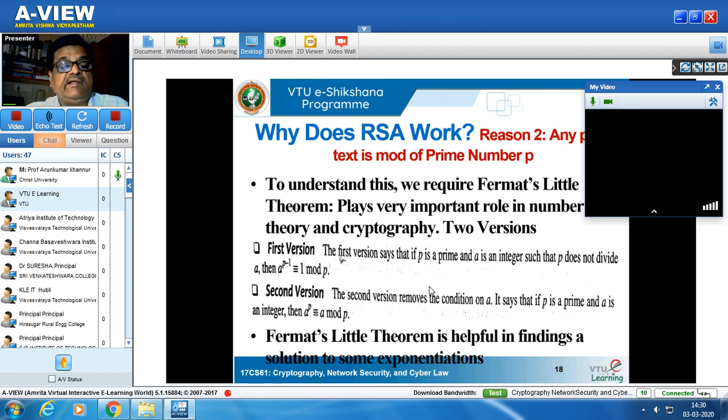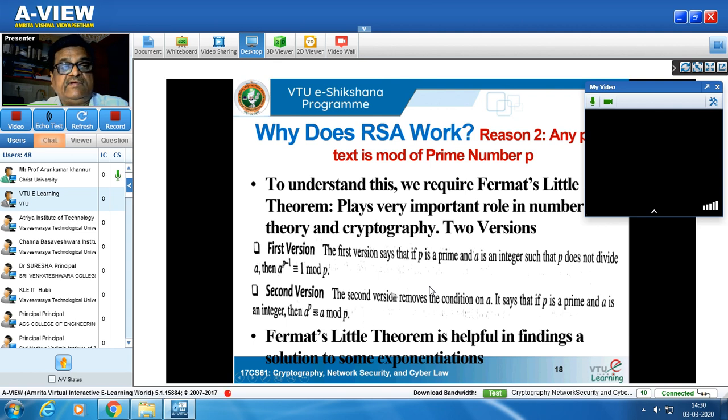P does not divide A. If we have to prove that, then the value which you are going to get should not be 0. Means if the remainder is 0, then the dividend can be divided by the divisor. So here we want that it should not be. Because of that, we are indicating this.